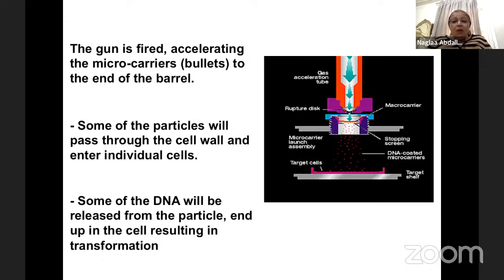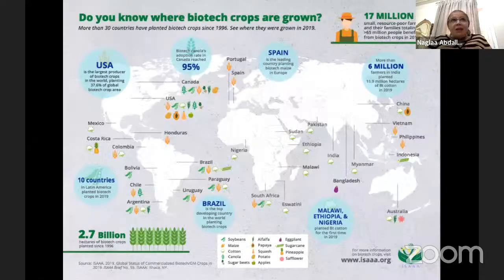That will allow forming chimeric cells. Chimeric means that some of the cells are transgenic and some of them do not have the desired gene. Okay, now these are the main techniques that we use for transformation.